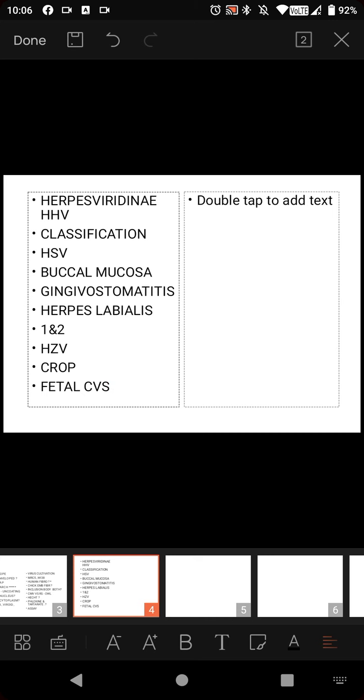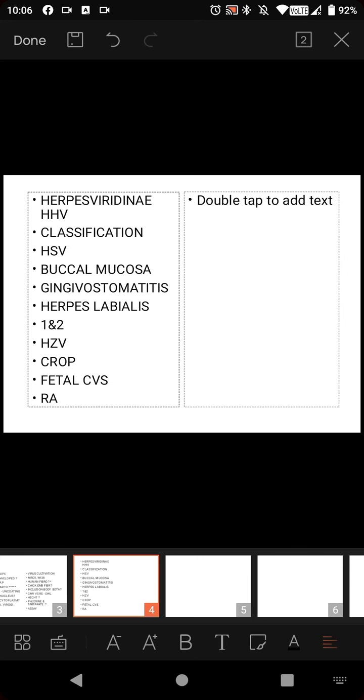That is Ramsay-Hunt syndrome. It happens because the virus is released from the geniculate ganglion, and these locations are the distribution of the geniculate ganglion. So remember Ramsay geniculate.